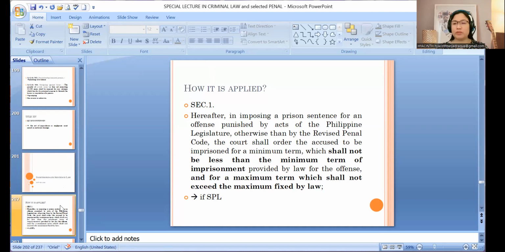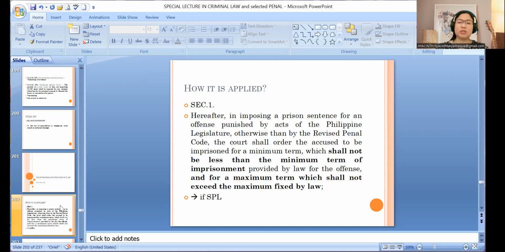So under Section 1, its application is classified into whether or not the offense is penalized under the SPL, or the Special Penal Laws, or under the Revised Penal Code. In Section 1, it provides that if the prison sentence of an offense is punished by a special penal law, the ISL shall be applied as follows.